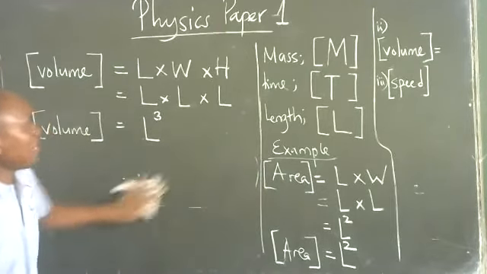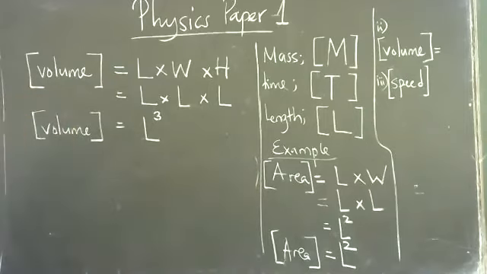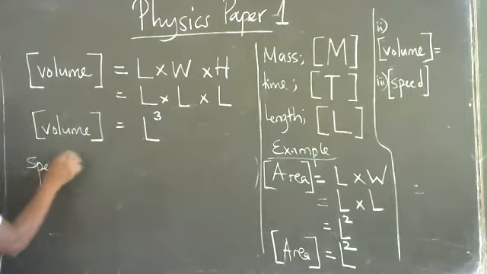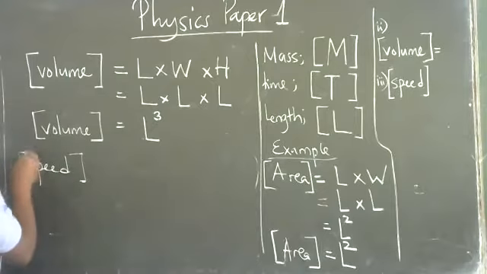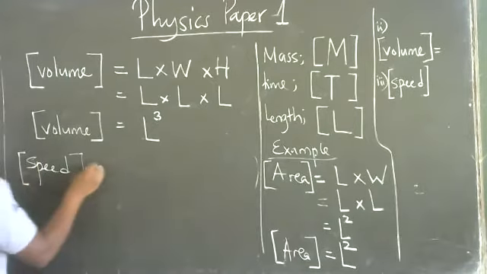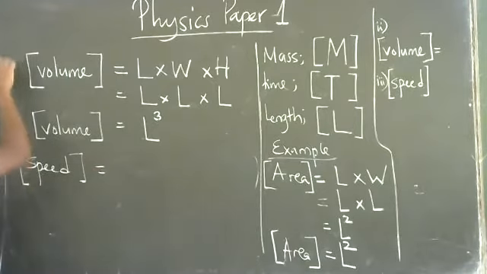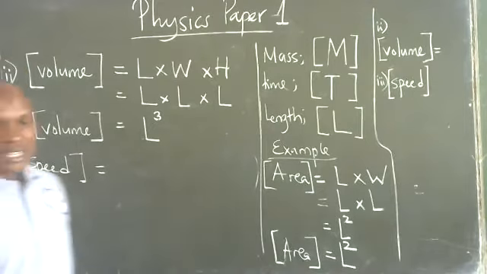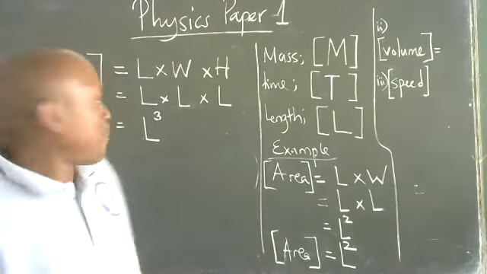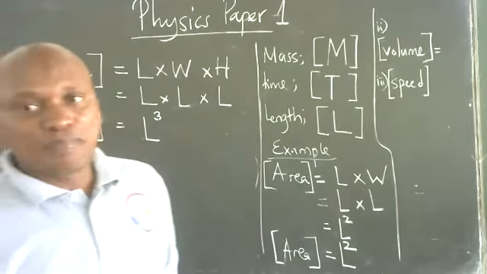Okay, who has got for me the dimensions of speed? The next part here was speed. You just have to get the dimensions. You first have to remember the general formula of speed. What is speed?